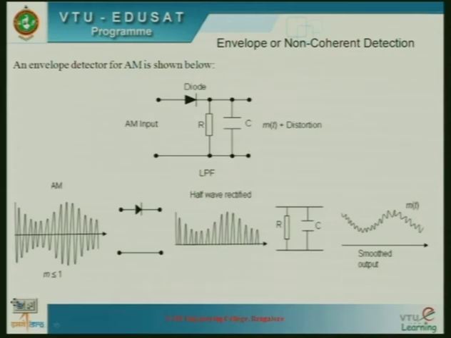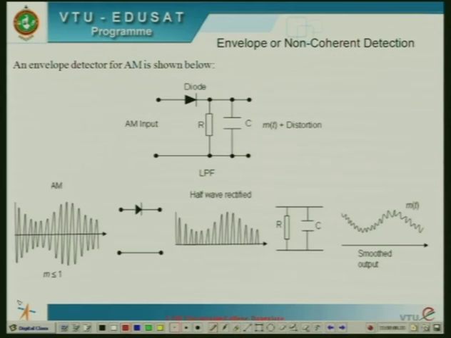As I was mentioning, let us assume that your input signal is basically having a peak like this, with respect to 0 volts. The threshold voltage is 0.6, this is your cut-in voltage.